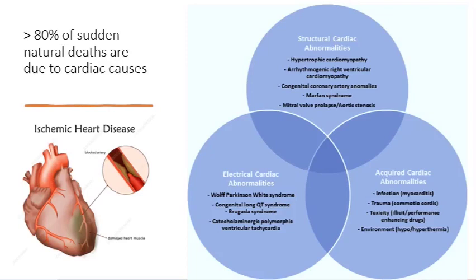Now, of course, apart from this atherosclerotic type of disease that affects the heart, there are several other reasons, such as, for example, structural abnormalities. And out of these structural abnormalities, possibly the hypertrophic cardiomyopathy is one of the commonest reasons why people suddenly die.